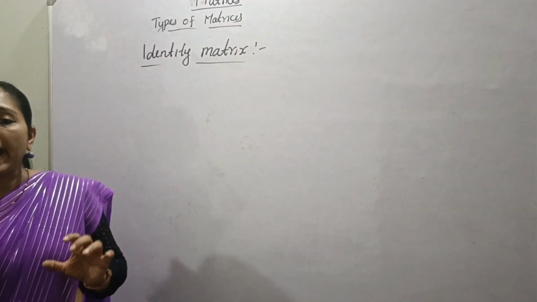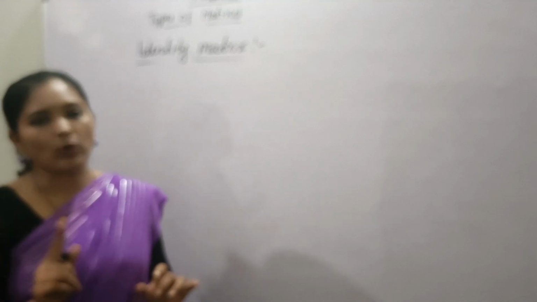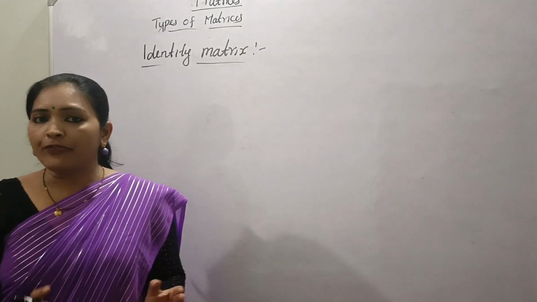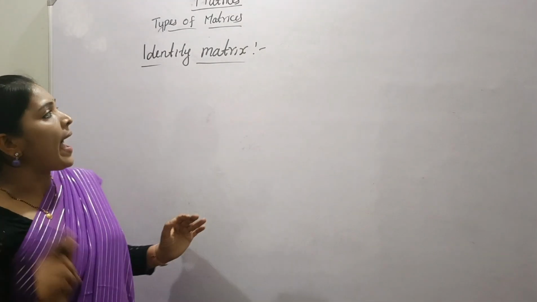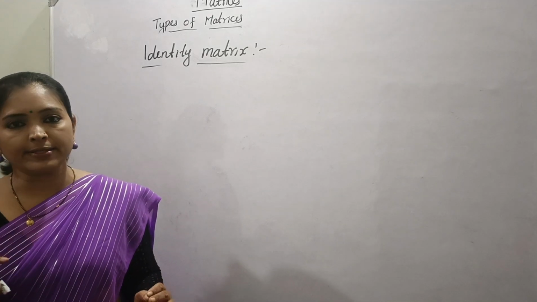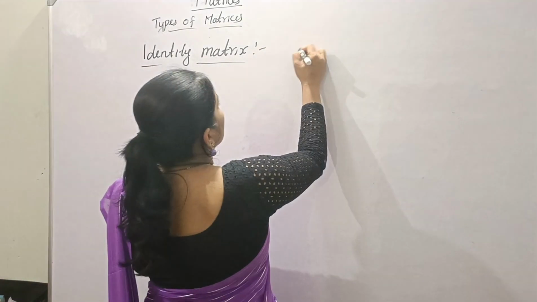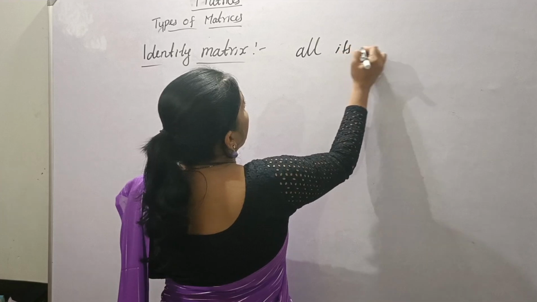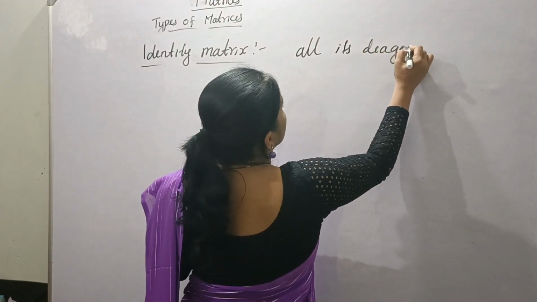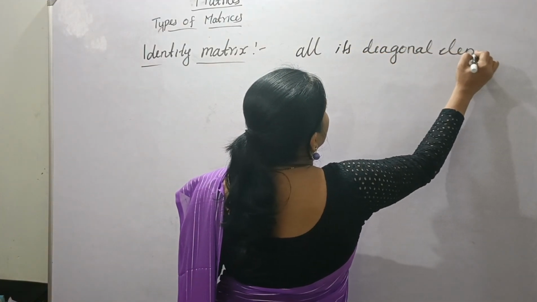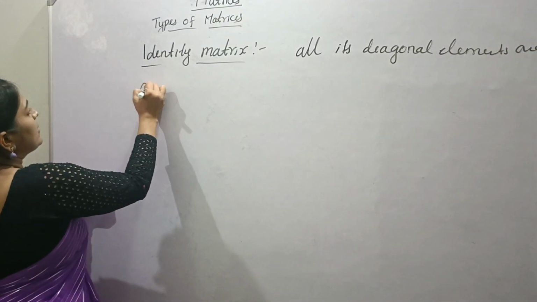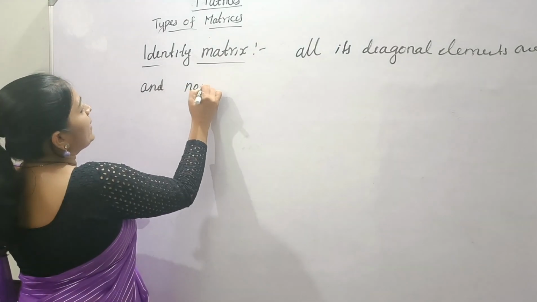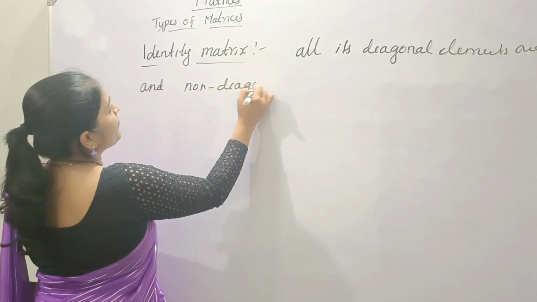So an identity matrix is a square matrix in which all diagonal elements are 1 and non-diagonal elements are 0.